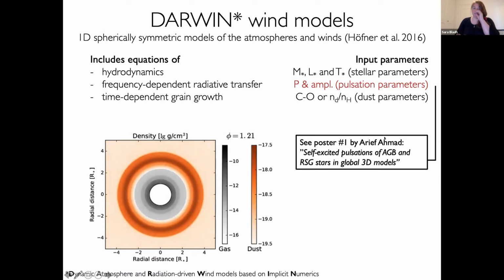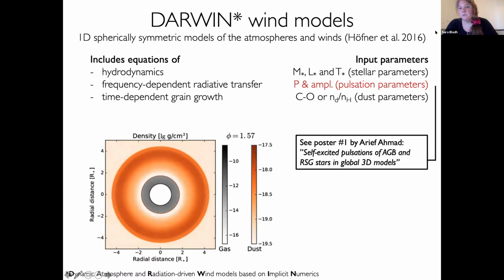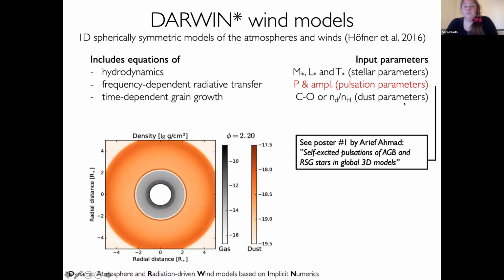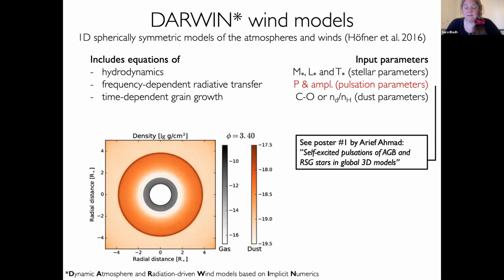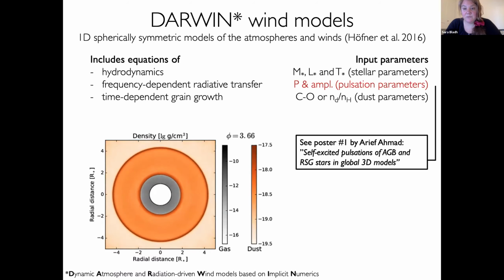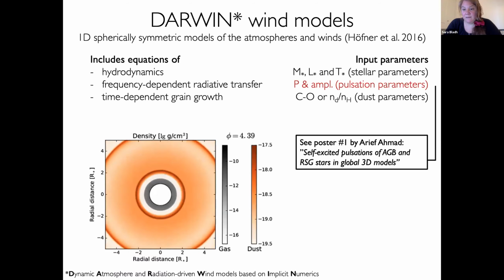So the input models for Darwin start from a static hydrostatic atmosphere defined by the basic stellar parameters.